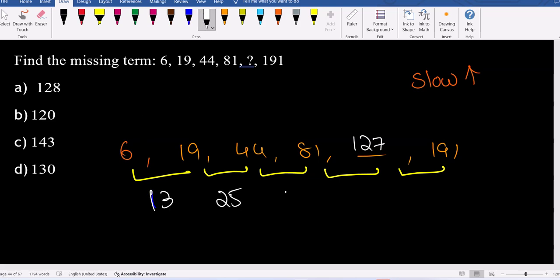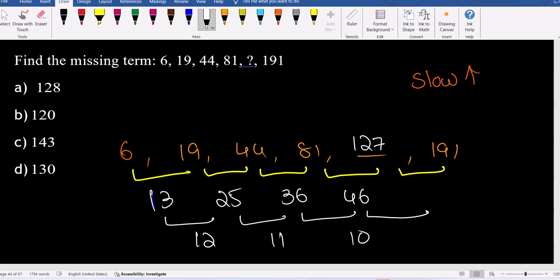13, 25, 36, 12, 11, then 10. That is the case, this should be 182 and 127 is not there in the options as well. Or maybe the perfect square differences I took wrong. 19, 5 square, 6 square, then 7 square, 130, but 8 square is not satisfying after that. So not okay.